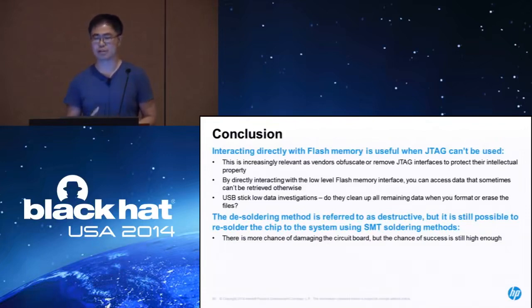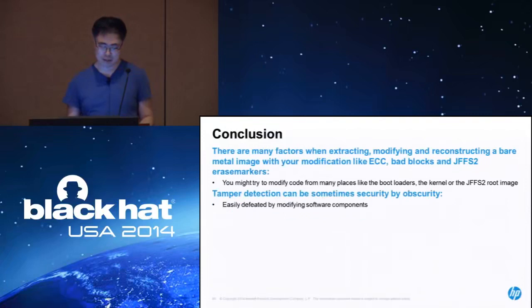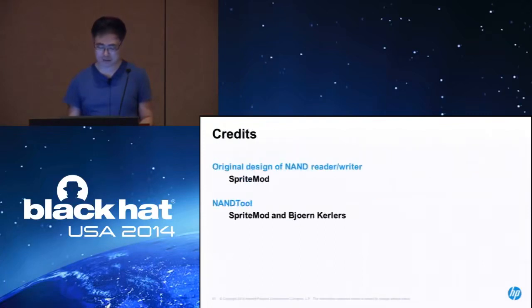It will be really interesting how all those USB devices from the markets are working. I'm really suspecting whether they are really removing the files when you remove a file from your operating system. So maybe it will be a really interesting topic. And tamper detection doesn't work if you are using some other method. And that is the conclusion.